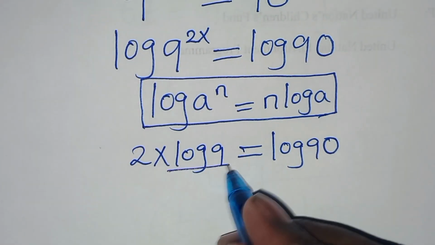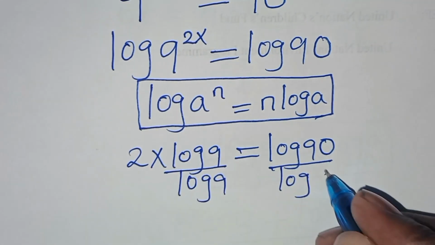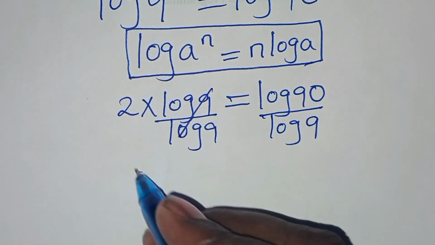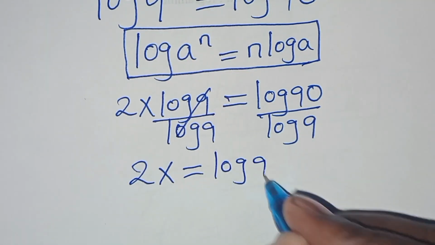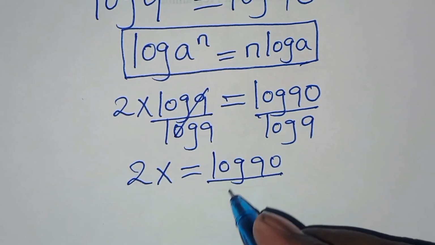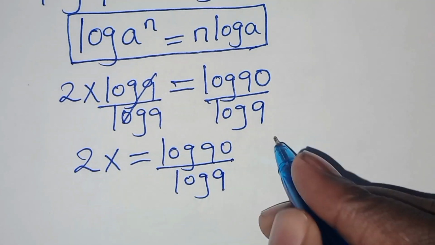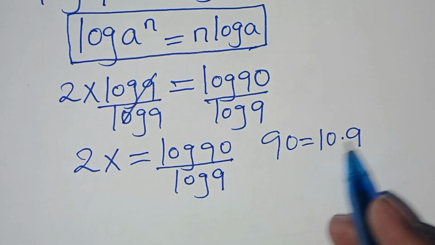So let's divide both sides by log 9. So that now here we have 2x is equal to log 90 divided by log 9. We can express 90 as 10 times 9. So let's substitute this.